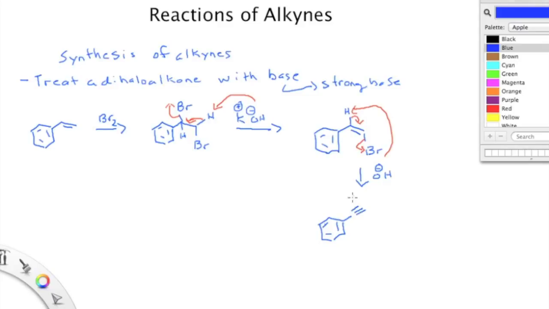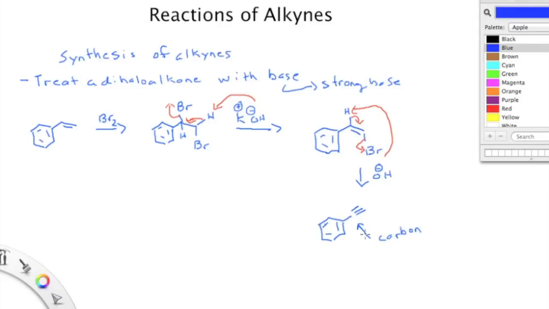Now notice also that there is a carbon right here. Sometimes I see people where they don't realize that this is the actual carbon. It is right there. Okay, that's where the carbon is.